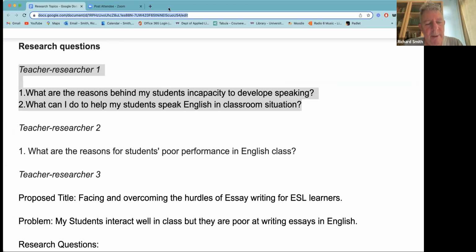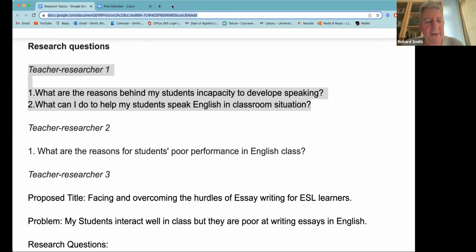So a little bit more specific, maybe. What do students say are the difficulties they have in speaking English? And if that's our question, I think we'd go back and we'd think about reflective writing, maybe, as a good way to answer that question.